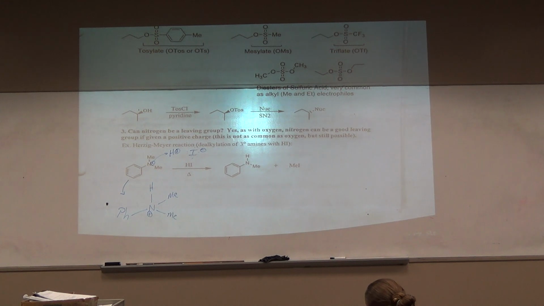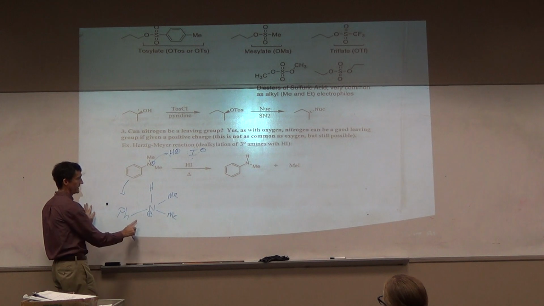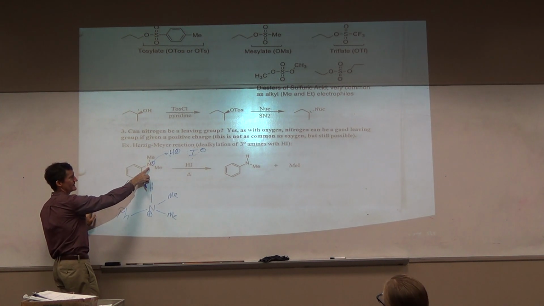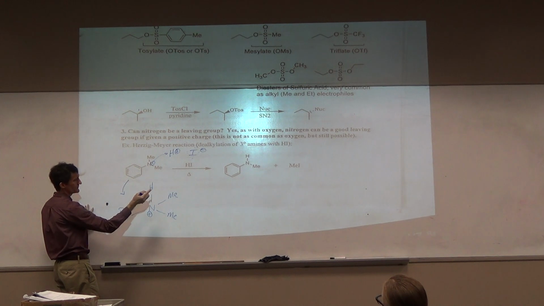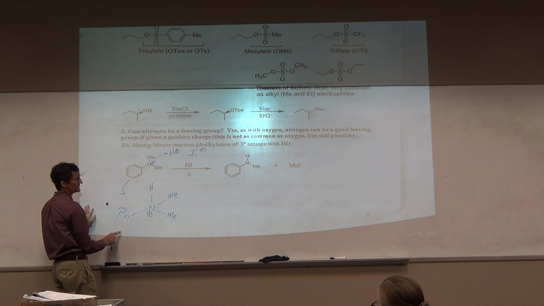But again, in a mechanism, it doesn't matter that it's practically good. All you need is 1 out of a gazillion. Okay? Terrible, it's a very weak base. It's actually a little bit better than we're saying. But again, it's a lone pair. We can do this, yes.